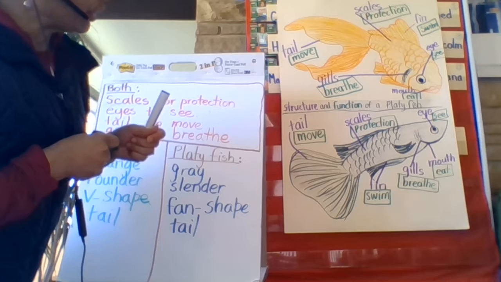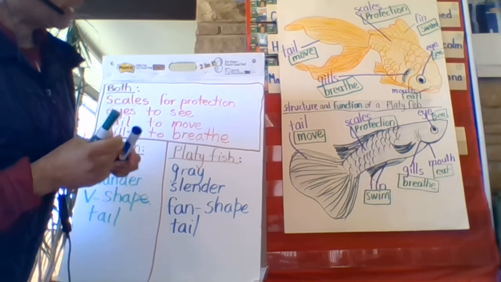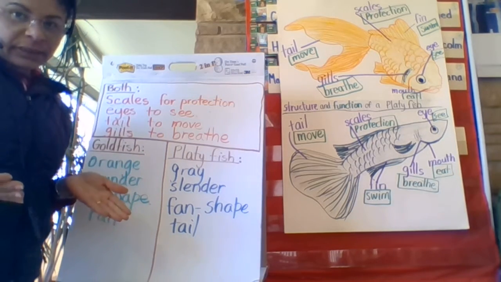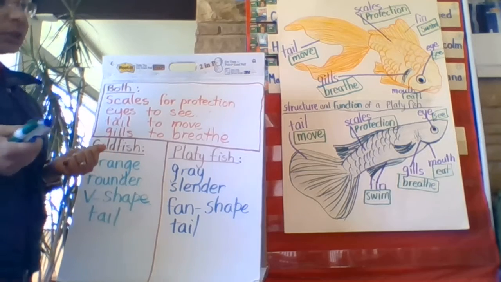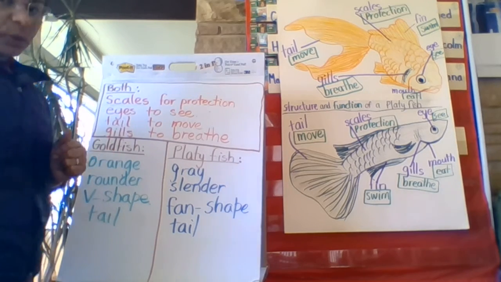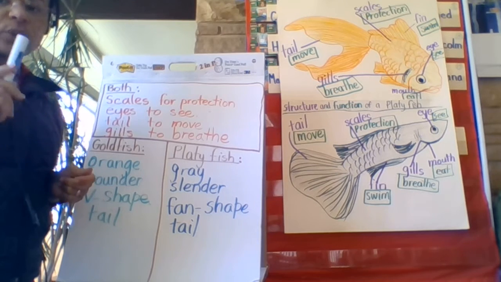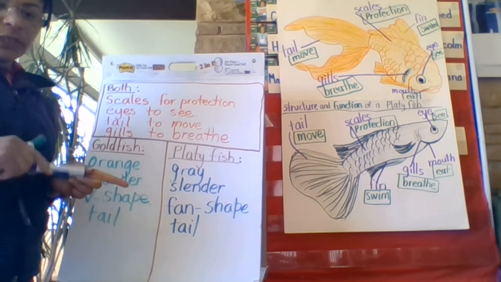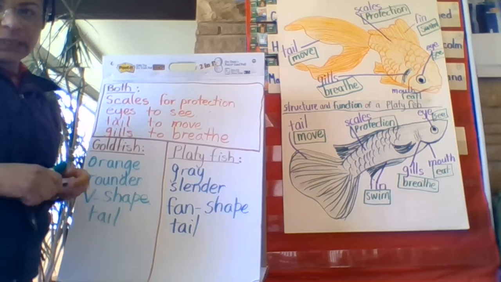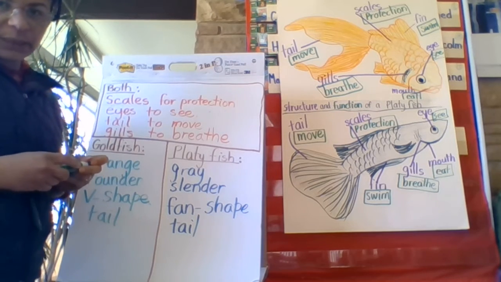Anything else that you notice? And we could go on and on talking about what's the same and what's different. But this is something that we're going to be using during these activities with our science unit.